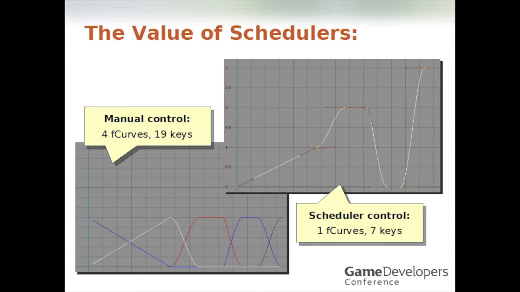The thing about this that's bad is that the F-curve value is no longer linearly mapped onto what's going on. The thing that's good about this is that to do the arrangement that I have here, where I've got 5 or 4 of these guys, I had to have 4 F-curves and 19 keys. And I could do the same exact thing with 1 F-curve and 7 keys.